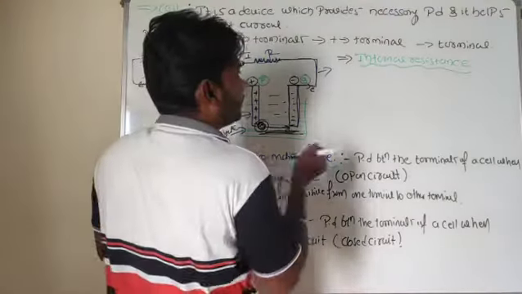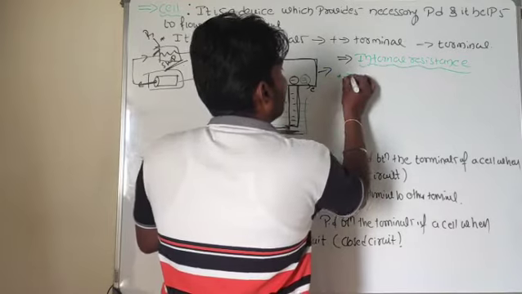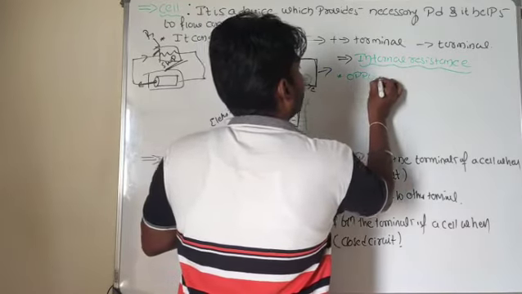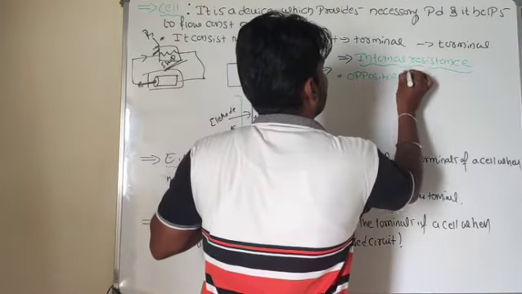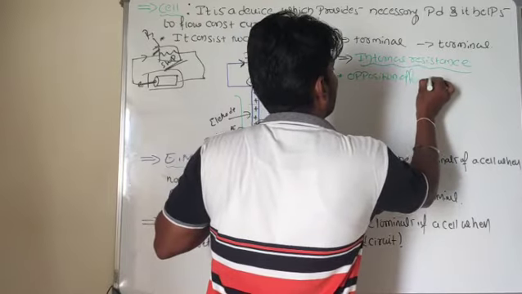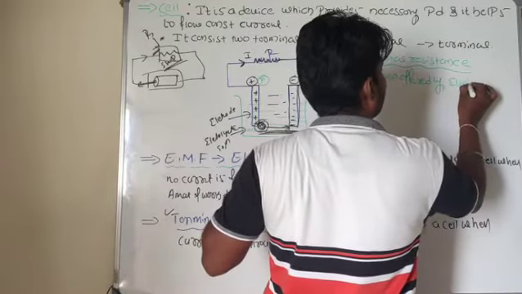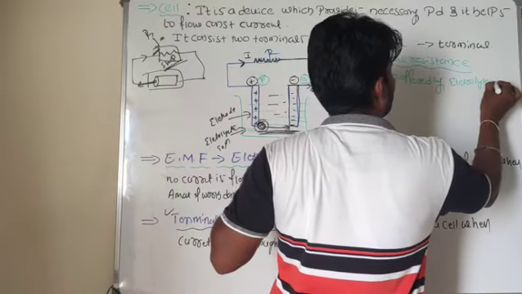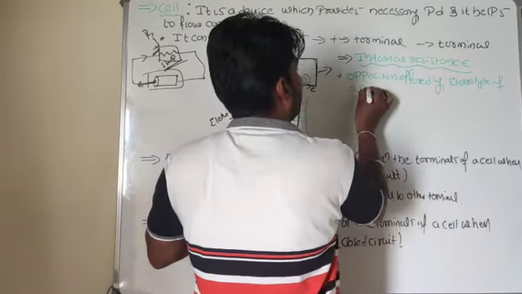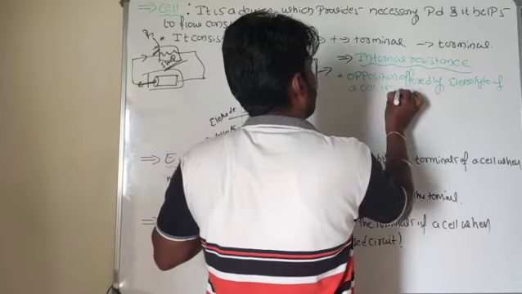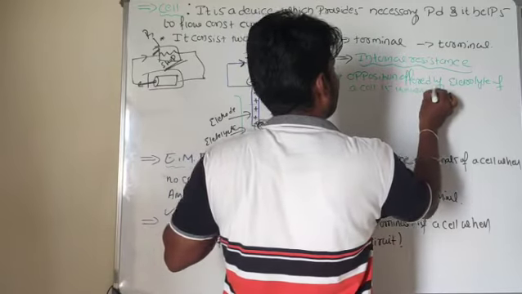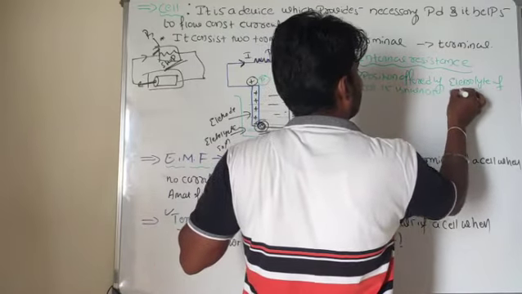Then how will you define internal resistance here? Opposition offered by the electrolyte of a cell is known as internal resistance.